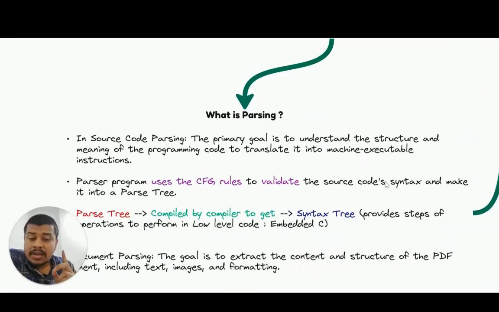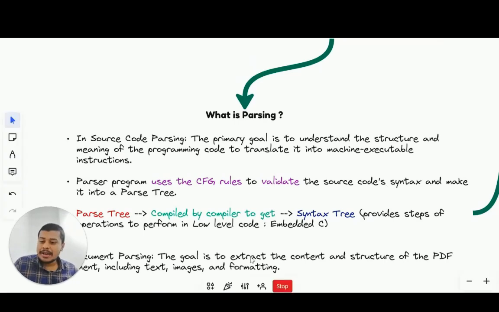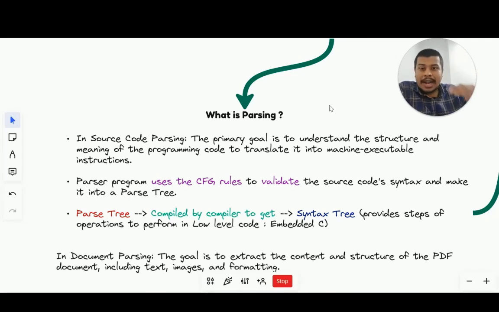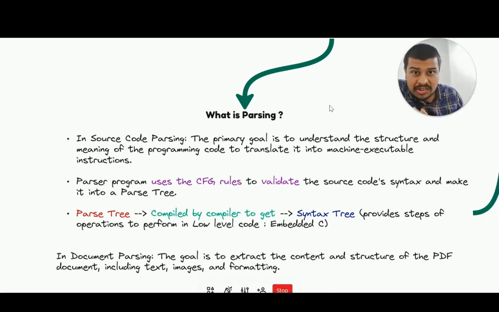One is source code parsing, which is the ancient technique, and the next one is document parsing. Document parsing is what we'll be seeing in the future lectures, where we'll be seeing the whole NLP pipeline, or how we get the text, all the language text, words, and all of that, and then how we process it.